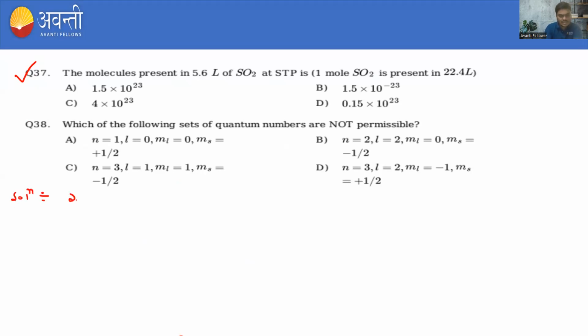We know that 22.4 liter of SO2 contains, okay, how many molecules? Yes, that is 6.023 into 10 raised to the power 23 molecules.